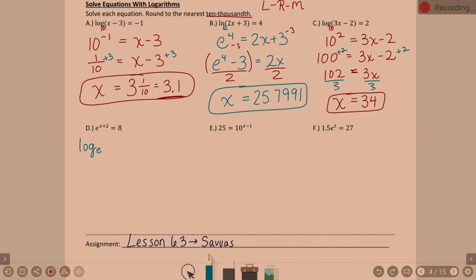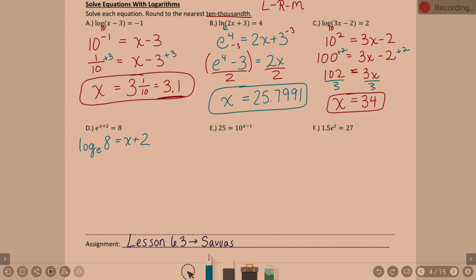They're going to switch, right? So this is log base e of 8 equals x plus 2. You can also think left, right, middle there. It's just we're taking it out of exponential form into log form. And so the e on the left, the 8 from the right, and it equals the x plus 2 in the middle.